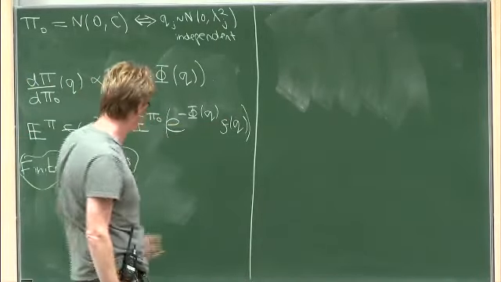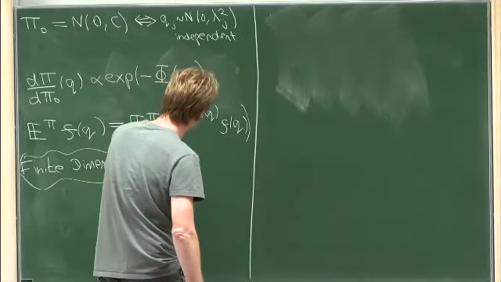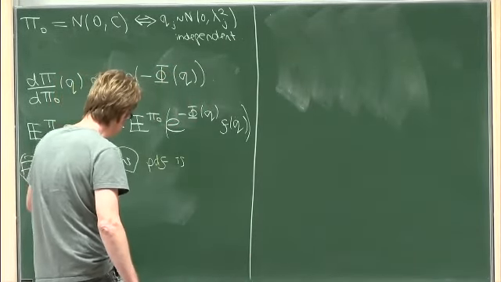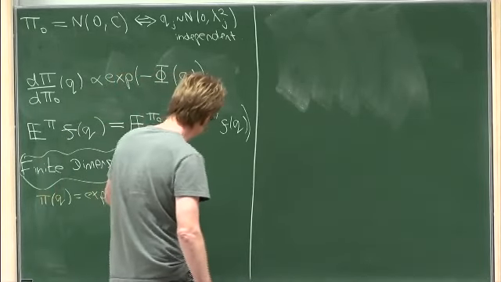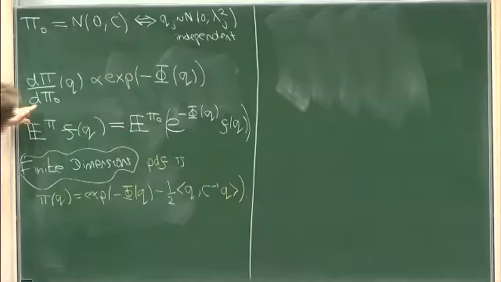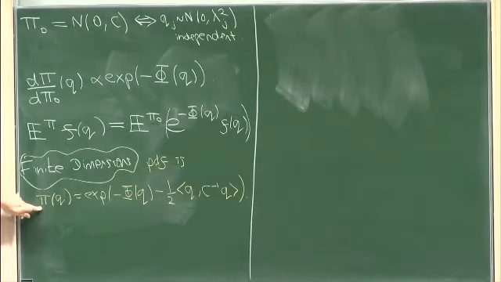So the PDF would be exactly pi of q, which is e to the minus phi of q. Because in finite dimensions, we can just take the Gaussian part of the density up and stick it here and get the PDF for the non-Gaussian density pi.